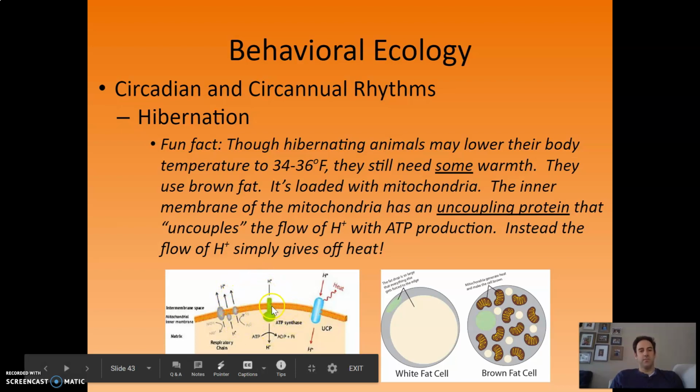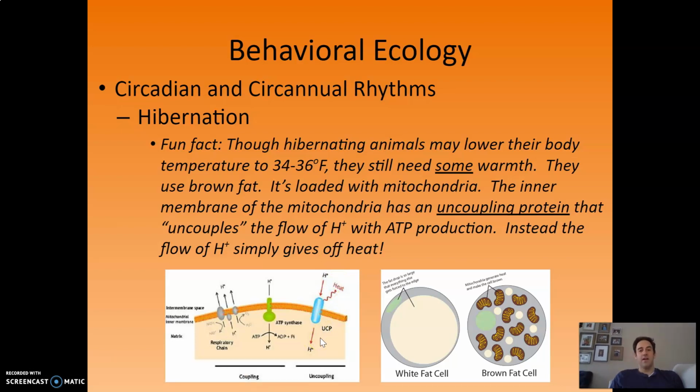So the uncoupling protein uncouples this, meaning that protons are pumped against the gradient, and then they can just go right back through without generating ATP. And the result of this is that instead of that energy being used to make ATP, the energy is being given off as heat, and that heat is what allows these hibernating mammals to stay alive.